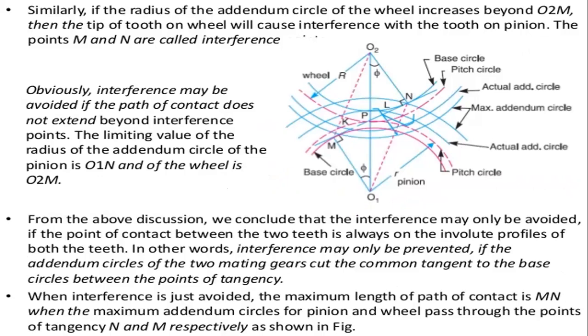Similarly, if the radius of the addendum circle of the wheel increases beyond O2M, the dotted line you have seen, that is, the radius of the addendum circle of the wheel increases from O2P to O2M, then the tip of the tooth of the wheel causes interference by cutting the tooth on the pinion.